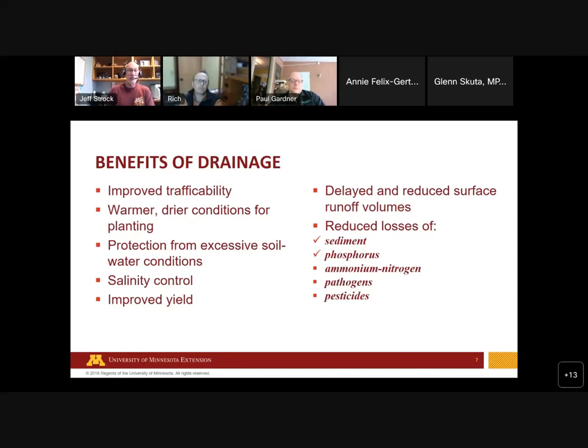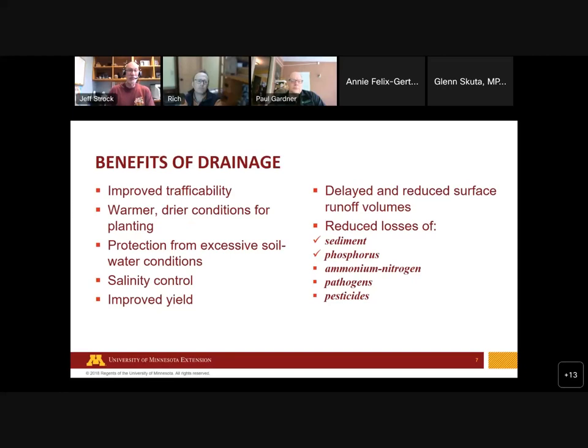So we were looking at our milestones from 2014 when the nutrient strategy came out to 2025, which were basically almost on the doorstep of that, of an additional 12% reduction in phosphorus and about a 20% reduction in nitrogen, to try to achieve those 45% reduction goals set for the Gulf of Mexico hypoxic zone.